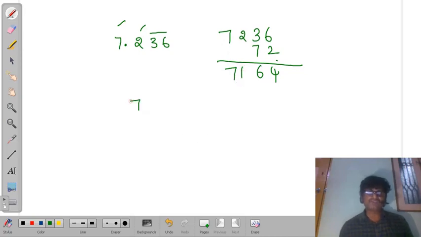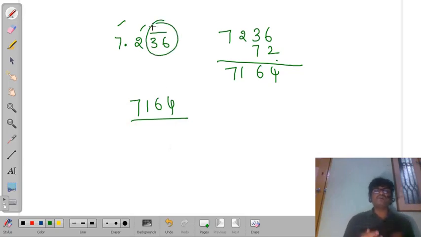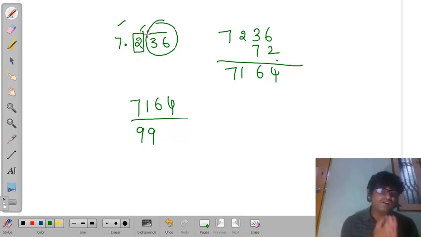7,164 divided by, how many digits are there under the bar? We have two digits, so you put two nines. Now for the digit which is not under the bar after the decimal point, we have 2, so you put 10.